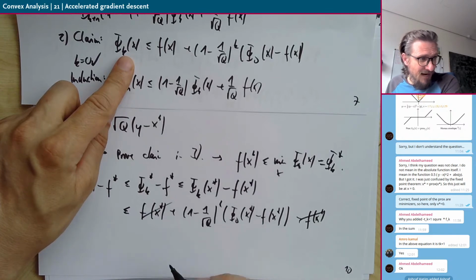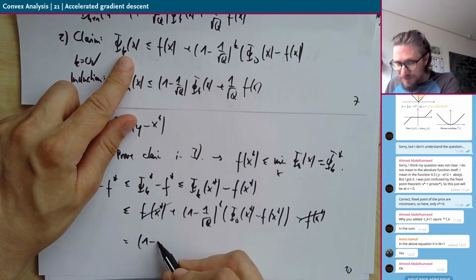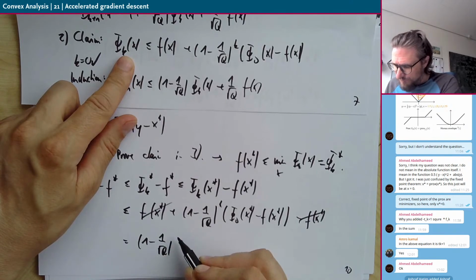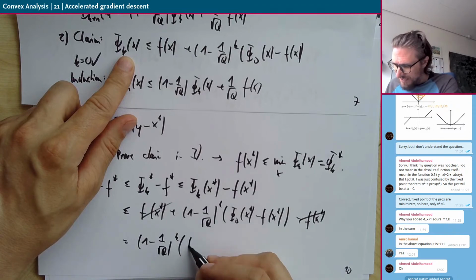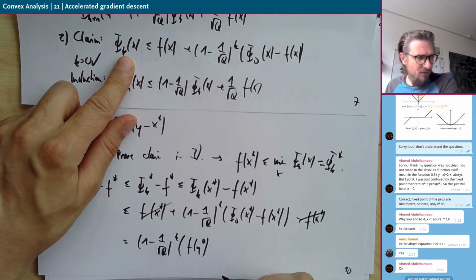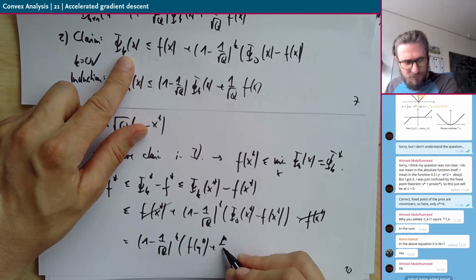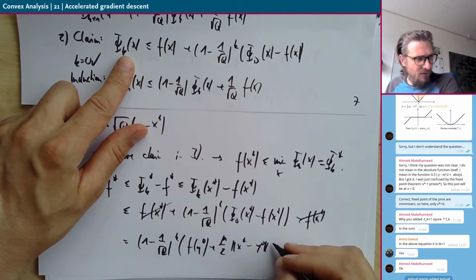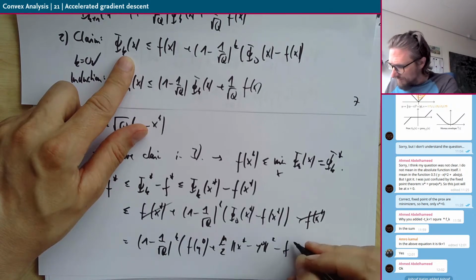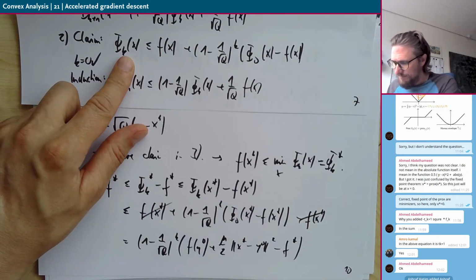You arrive at 1 minus 1 over square root of q to the k, and here we plug in phi_0, which is f of y_0 plus mu over 2 times norm of x star minus y_0 squared, minus f star.